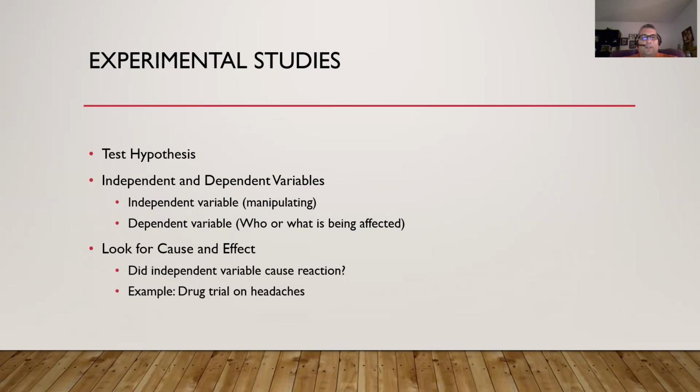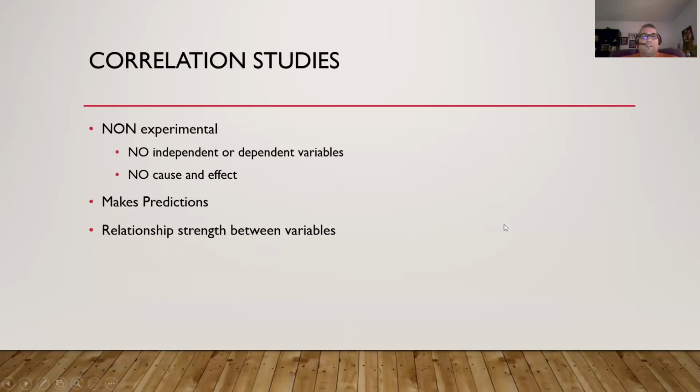The pill would be the independent variable because it's the manipulating variable, and the dependent variable would be, did it cure headaches? Not necessarily the participants per se, but did it cure their headaches? That would be the dependent variable. So you're looking for cause and effect with experimental studies: did the independent variable cause a reaction? That's the best way I can explain experimental studies, by using drug trials. They're easier to understand.